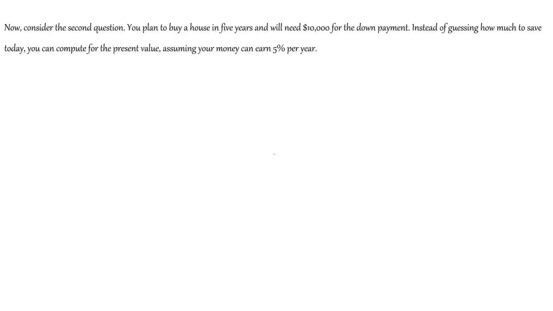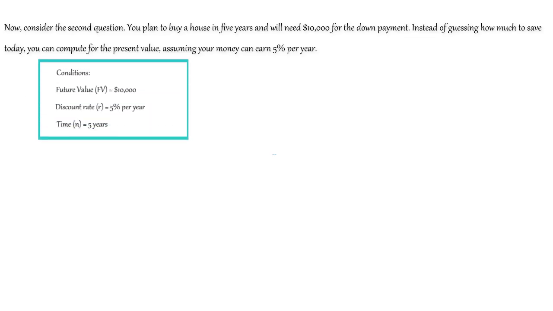Now, consider the second question. You plan to buy a house in 5 years and will need $10,000 for the down payment. Instead of guessing how much to save today, you can compute for the present value, assuming your money can earn 5% per year. What are our conditions? Future value is $10,000. Interest rate, or in this case, the discount rate, is 5% per year.